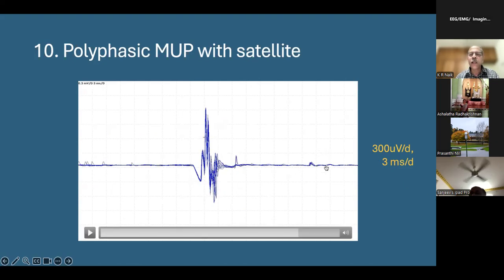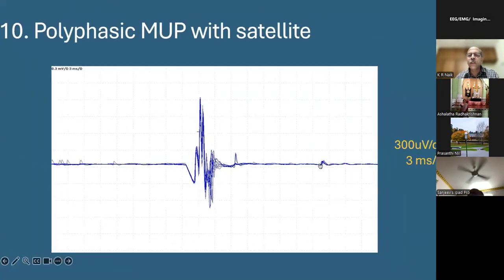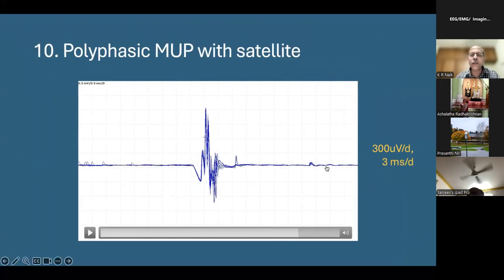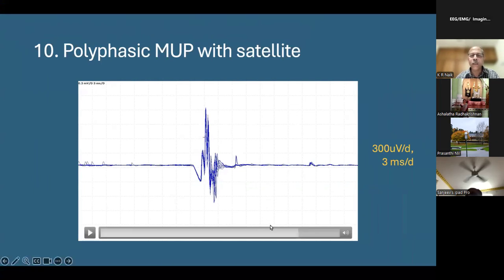So this is a satellite potential which we are not going to take into consideration. Even if it has come almost here also, we are not going to take this into consideration for measuring the duration. Because if we take this satellite potential into consideration, your measurements are going to become completely haywire.